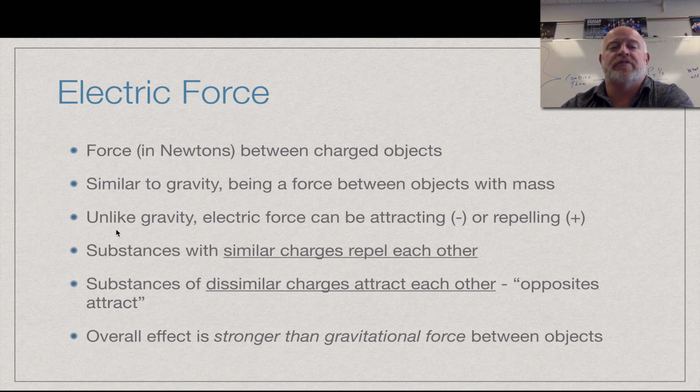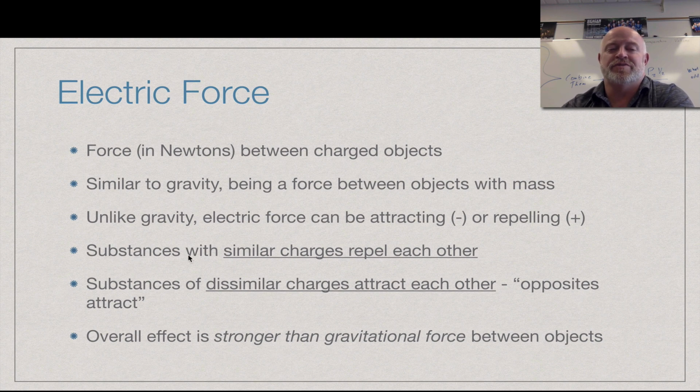Now, unlike gravity, which is always attracting, electric force can be attracting or it can be repelling, okay? So keep in mind that a negative force means we're attracting things together. If we get a positive force, that means we actually are repelling that object, okay? Now, that brings us back to some of the basic ideas that we know about charge and forces.